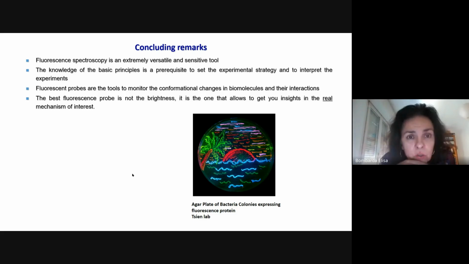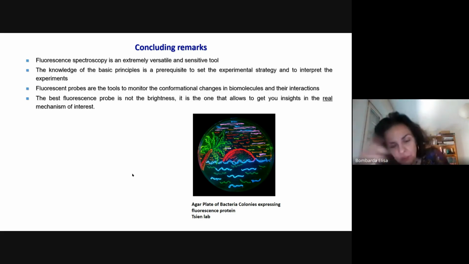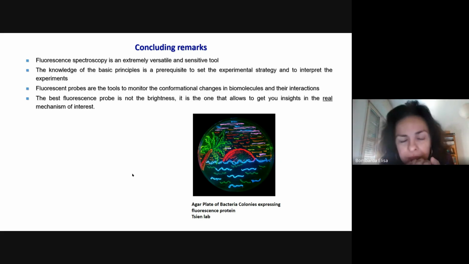And of course, it is also important to know the basic principles to be able to set the appropriate experimental strategy, and afterwards to interpret the experiment. So that's why I was insisting on certain theoretical aspects.